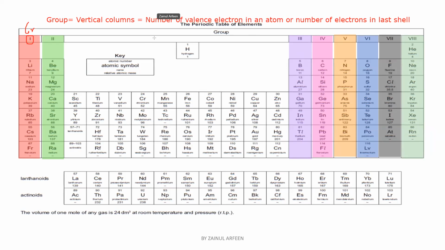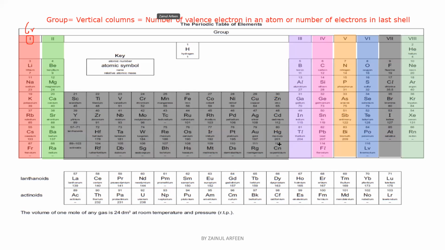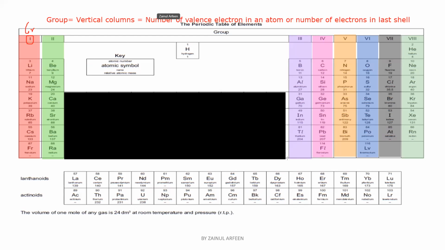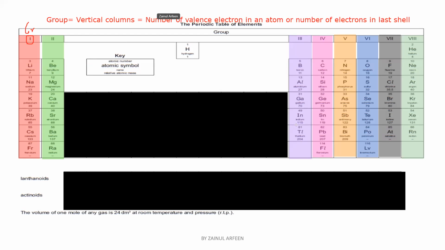What about these elements which we did not include in the group? As you can see in this part, if I shade this region as well. The elements in this region are known as the transition elements, and they are not placed in a specific group.